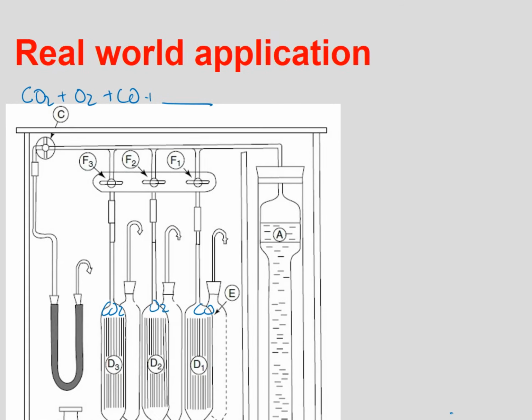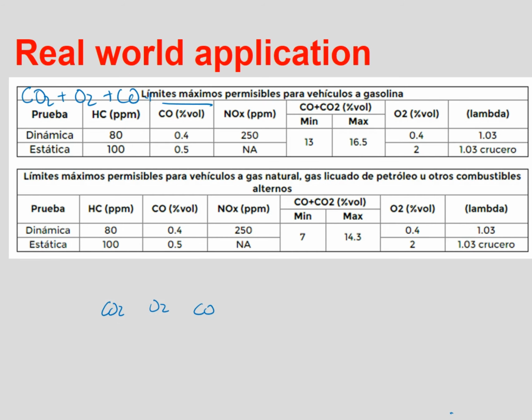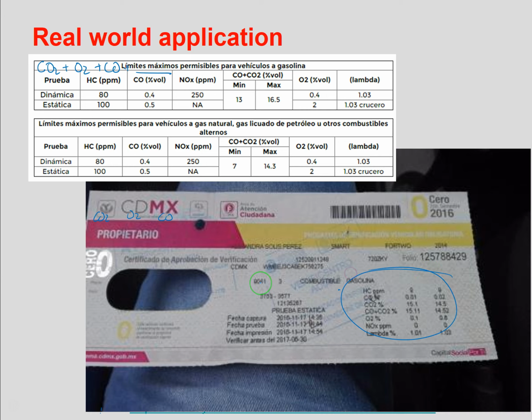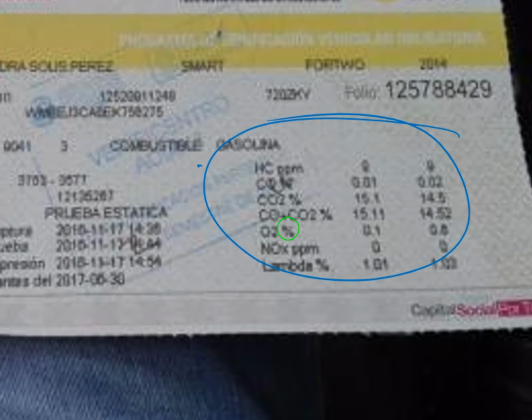This is the basic analysis that we find now in our vehicle verification. You can see that we have the same things, except that we now also check the onboard fuel and the nitrous oxides.